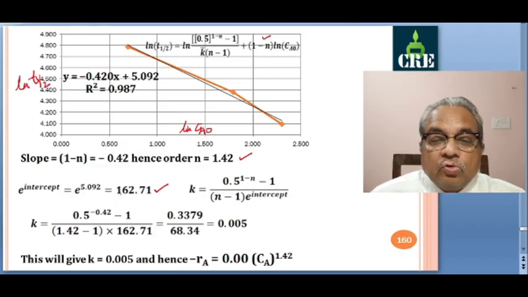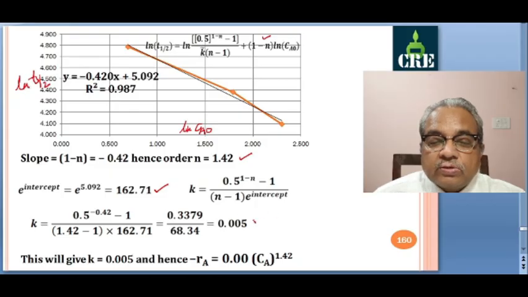Okay. So you can calculate k is equal to 0.5 raised to 1 minus n, minus 1, in the denominator you have n minus 1, and this constant value, e raised to c, will go in the denominator and you can calculate k. So k is equal to 0.5 raised to 1 minus n, which is minus 0.42, minus 1, divided by n minus 1, n is 1.42 minus 1, and the exponential of the intercept, 162.7.